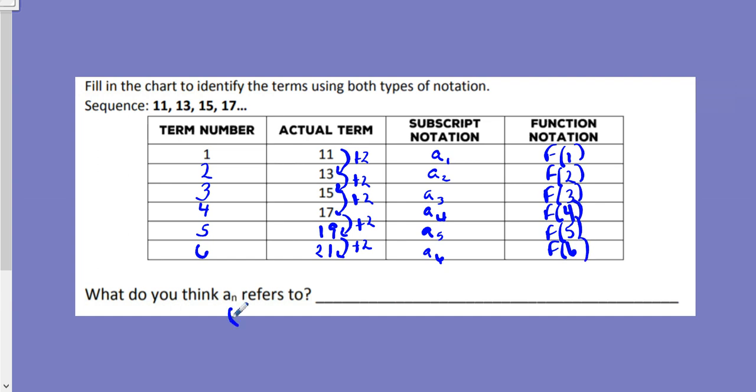So here's a question. What do you think a subscript n refers to? So a subscript n refers to what we call the nth term. So to determine any term.